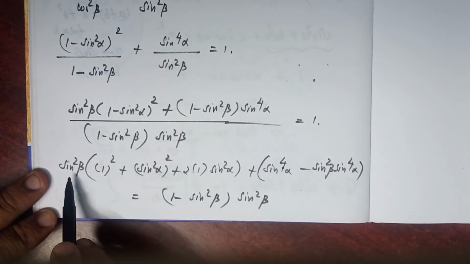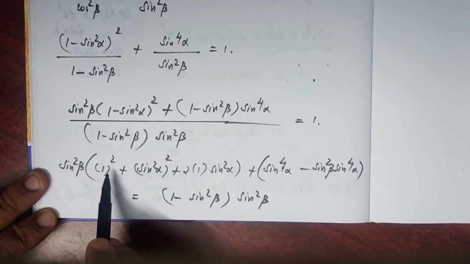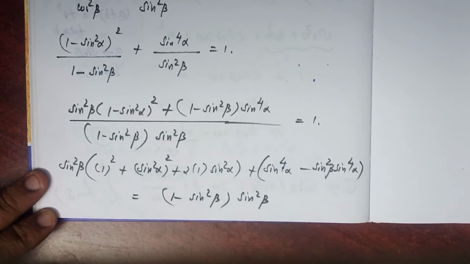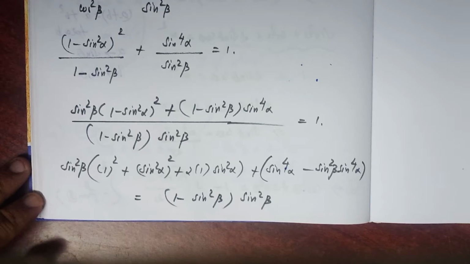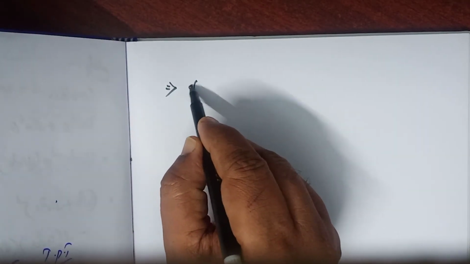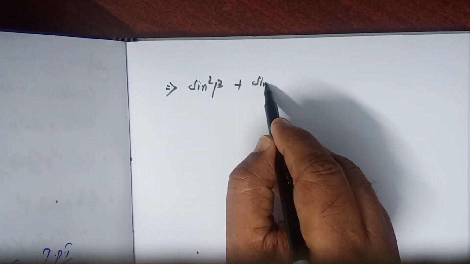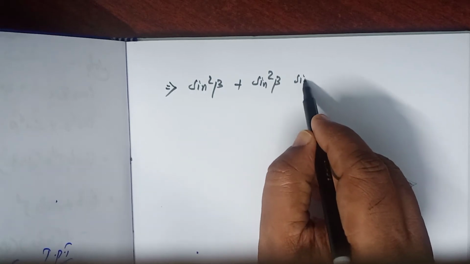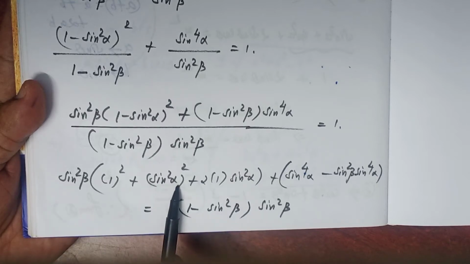Now this sin squared beta is common for all the terms which are inside the brackets. So multiply sin squared beta into 1, that is sin squared beta, which implies sin squared beta plus sin squared beta into sin power 4 alpha.